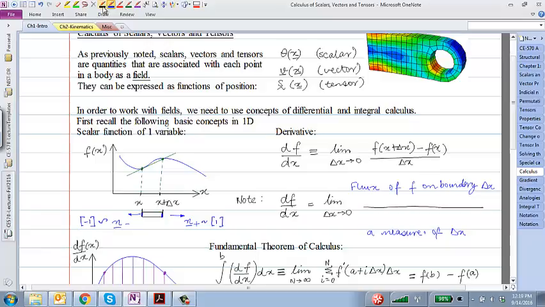So the flux is defined as the value of f at one boundary of the body times the unit normal n plus, plus f at the other boundary times the unit normal n minus, divided by the measure of the body, which in this case happens to be the length delta x.